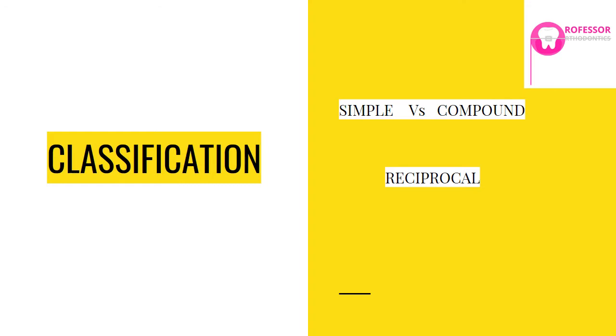Critical anchorage means that at least 100 to 75% of the extraction space that is available has to be used for retraction or for correction of crowding. You have to be able to utilize at least 75% of the extraction space that is available.